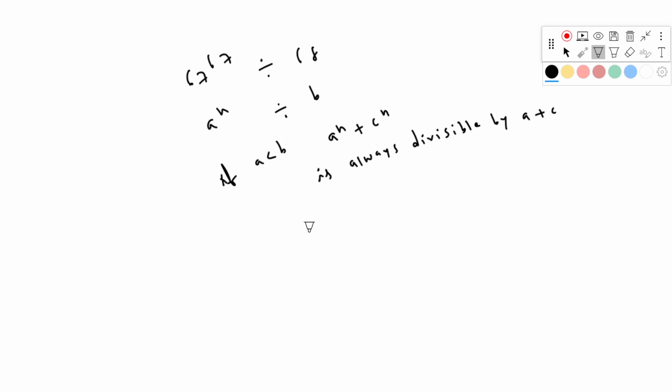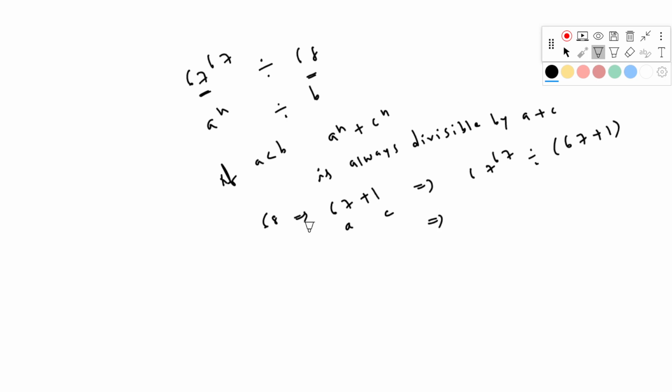Okay, so here if you see a is 67, b is 68, that means a is less than b, then a power n plus c power n is always divisible by a plus c. Then what is c? Simple, 68 is there. I'm writing this 68 as 67 plus 1. We know 67 is nothing but a and this 1 is nothing but your c. Now, I'm writing 67 power 67 divided by, in place of 68, 67 plus 1. Clear?